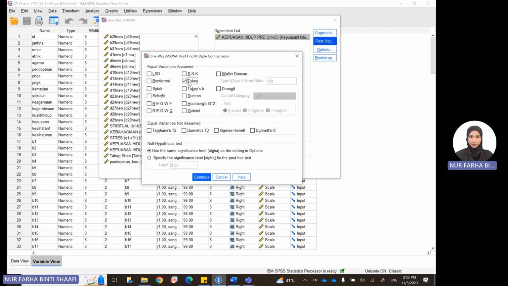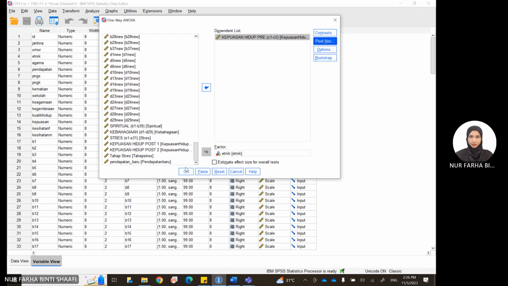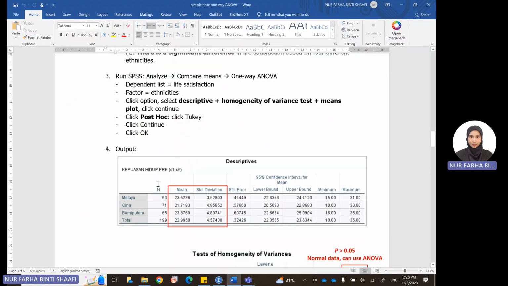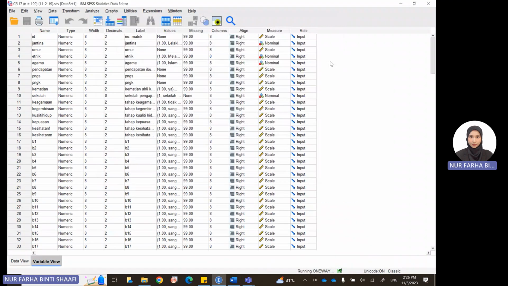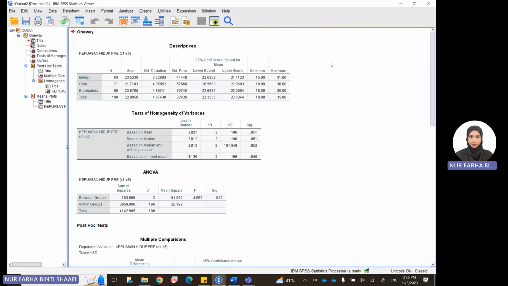So that if you discuss your result, you have references to cite. So you just click Tukey, continue, and then click OK. Wait for the output. All right, so you have your output.